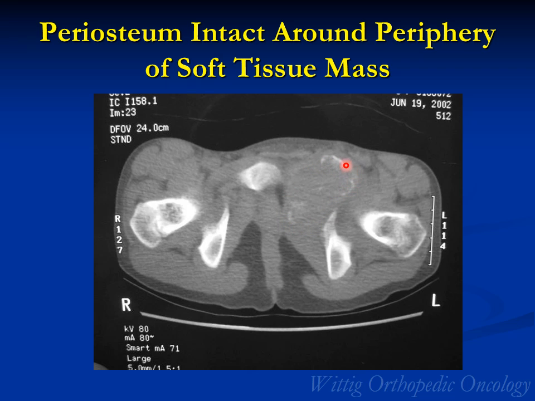And around the perimeter of the tumor, there's this eggshell rim of calcification, which in my opinion was very suggestive of this being a benign process, and that the periosteum was intact and reacting against the tumor.